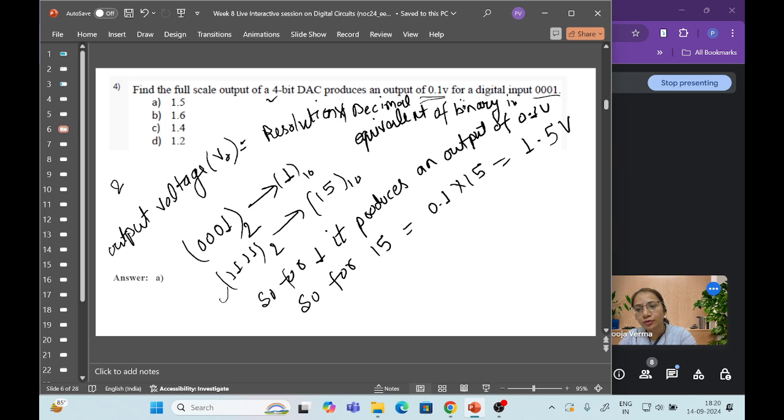That is 2 to the power 4 minus 1, so 16 minus 1, it will go up to 15, 0 to 15 for 4-bit. That's why we have taken the maximum decimal equivalent and multiplied by 0.1 into 15. So we will get 1.5 volt. So that's why option A is the correct answer for this question.